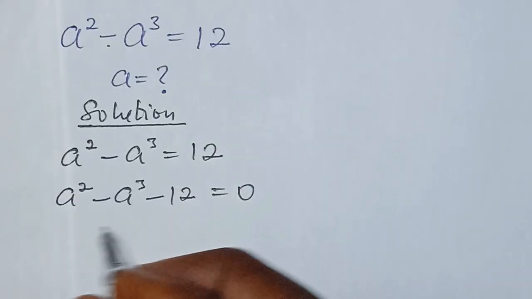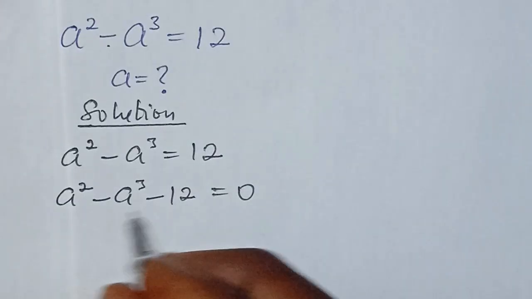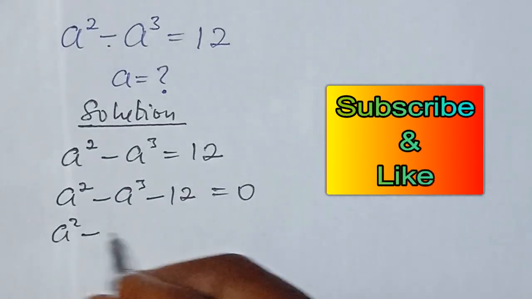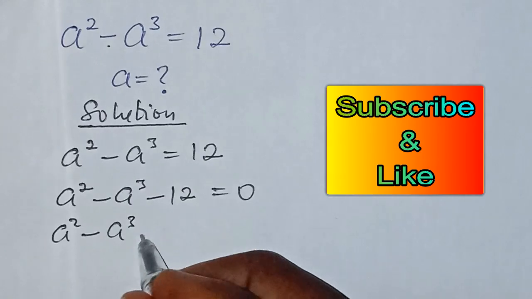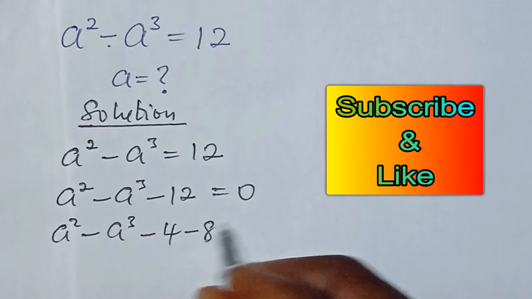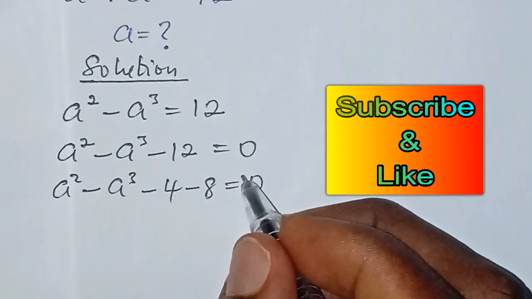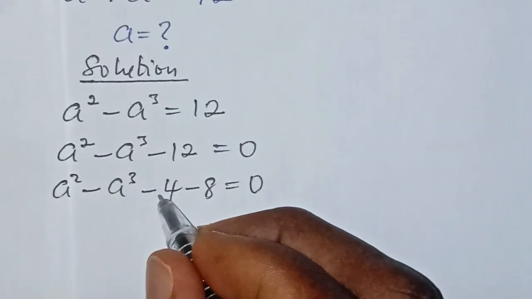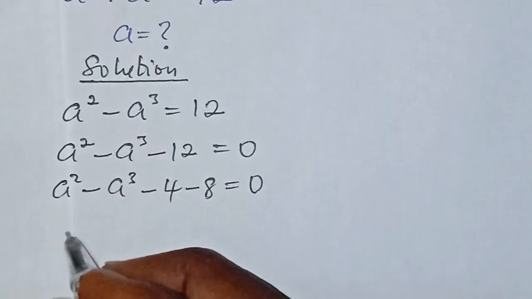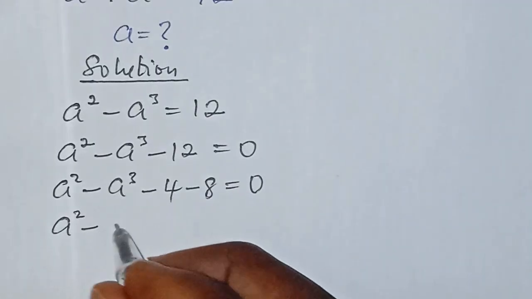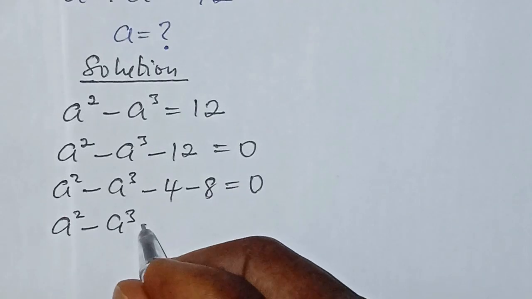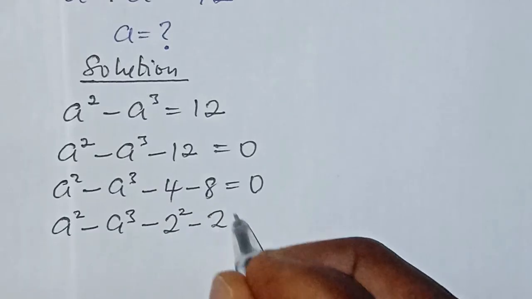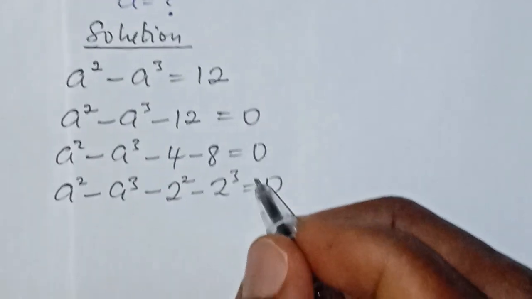So this minus 12 can be written as minus 4 then minus 8, equal to 0. We can as well write both minus 4 and minus 8 as a raised to the power of 2 minus a raised to the power of 3 minus 2 raised to the power of 2 minus 2 raised to the power of 3 equal to 0.